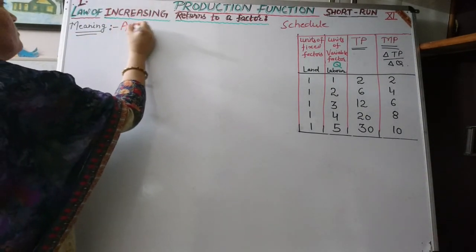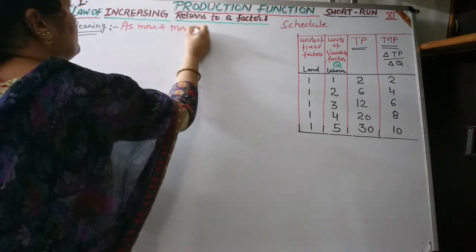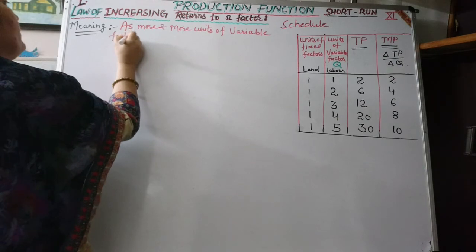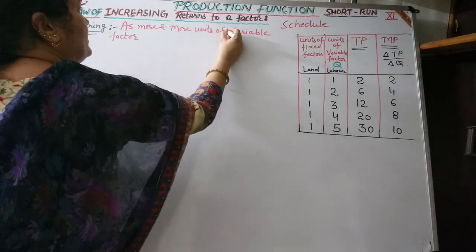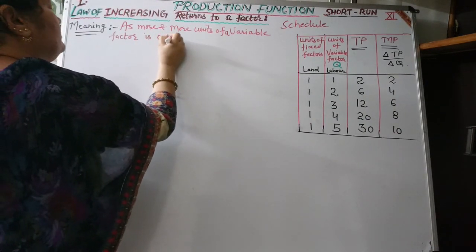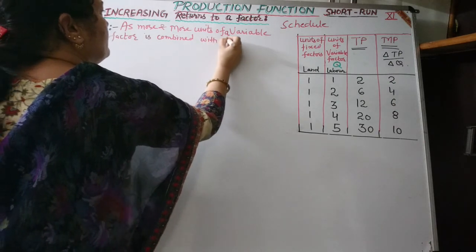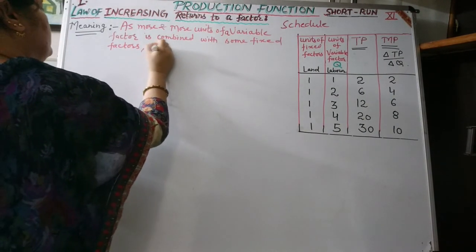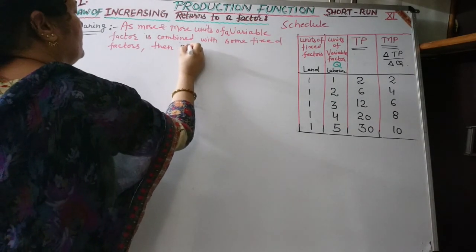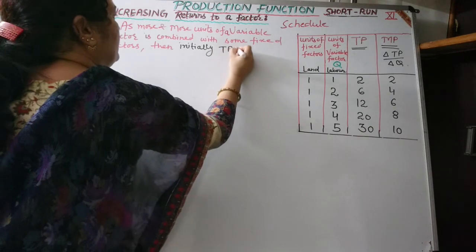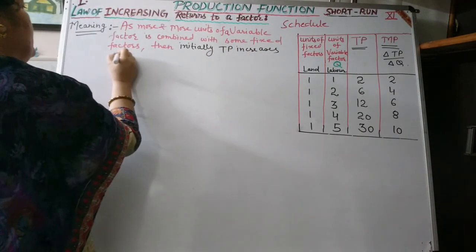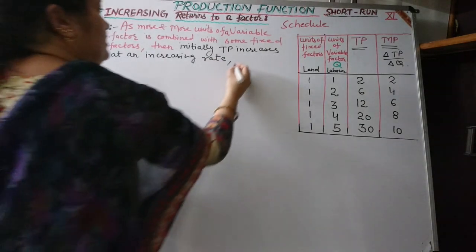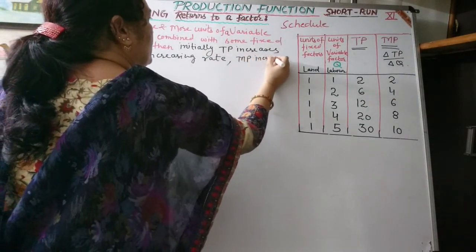As more and more units of a single variable factor are combined with some fixed factors, then initially TP increases at an increasing rate, and ultimately MP also increases.